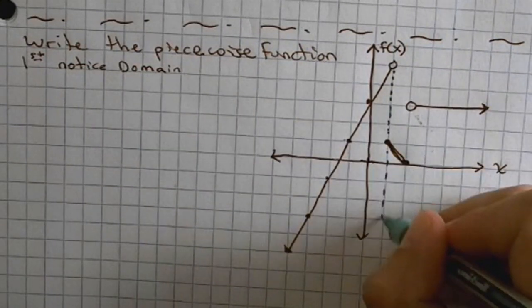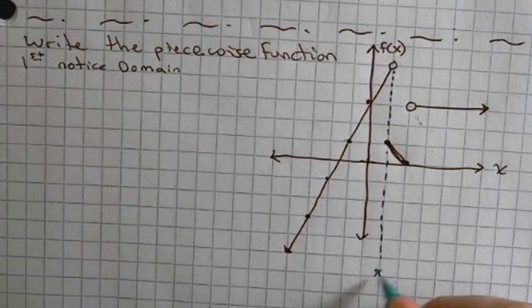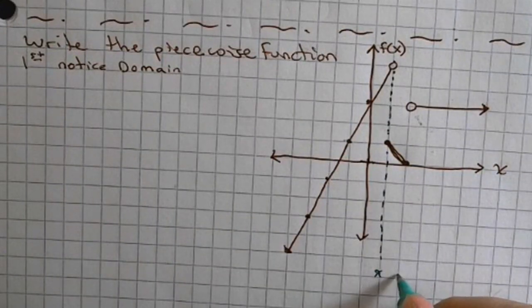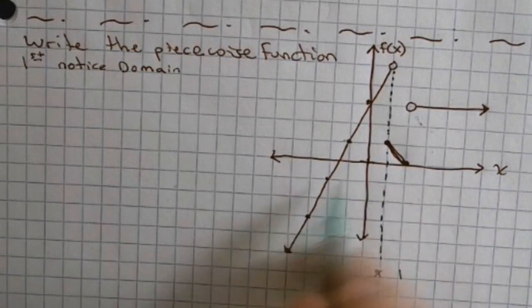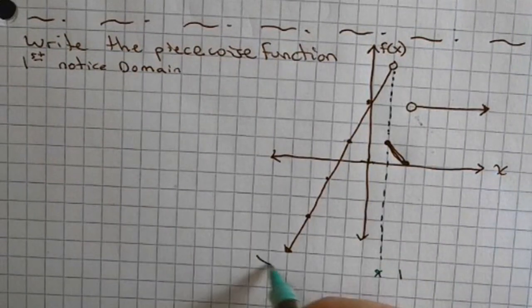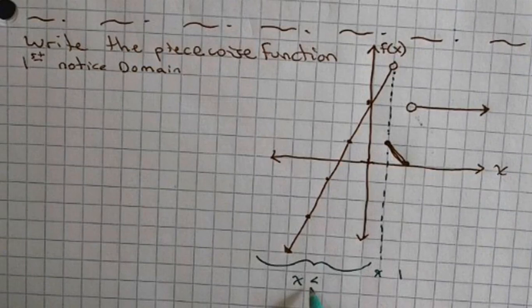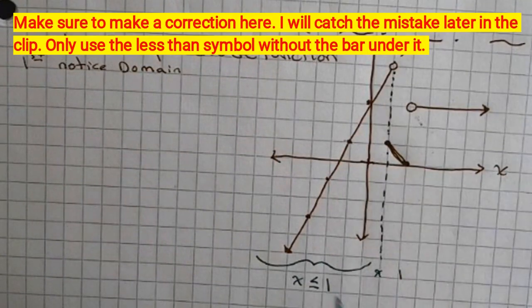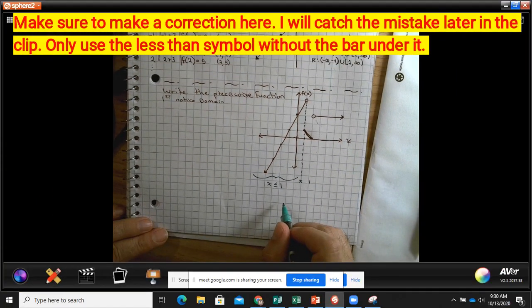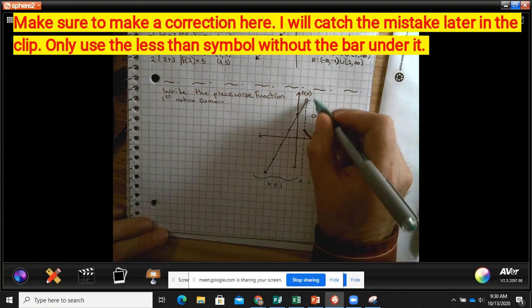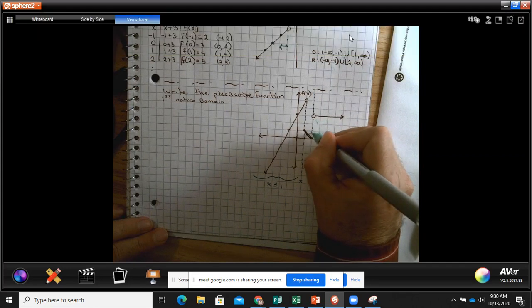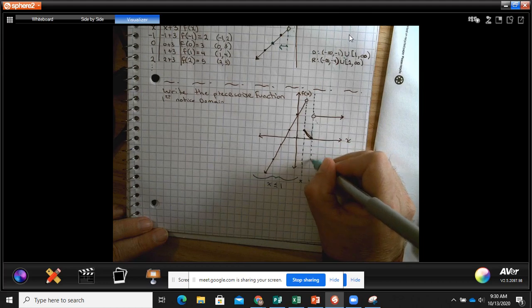So here we have an x value of 1. And all these values from there to there, x will be less than or equal to positive 1. Then we have another break right here, because this line goes from there to there, so we have another break in our domain.